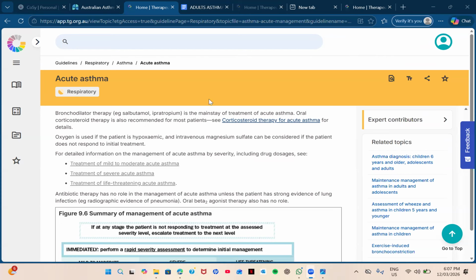You have to do the immediate severity assessment, or rapid severity assessment, because we have two severity assessments, right? We have the immediate severity assessment, and we have the secondary severity assessment as well. Hope you remember everything. So the first thing is rapid or immediate severity assessment, right?